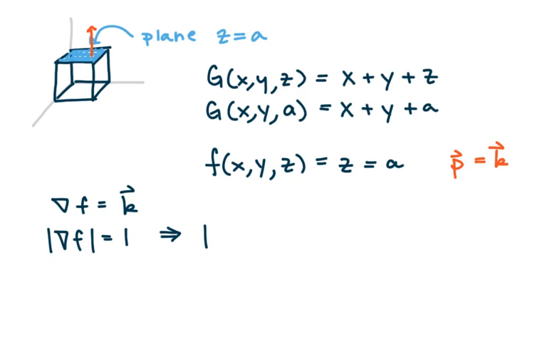And the magnitude of gradient f dotted with my k vector will also equal 1. My d sigma is equal to the magnitude of gradient f divided by the magnitude of gradient f dotted with k. So that is 1 over 1, and then we've got dA, or rather dx dy.